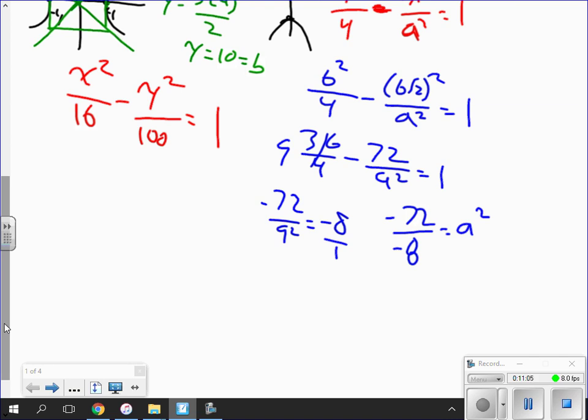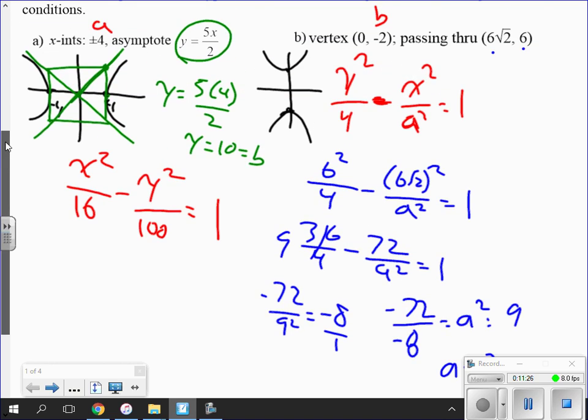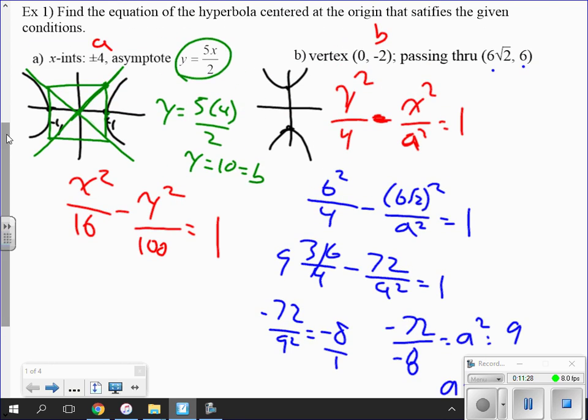It makes life so much easier. I'm not multiplying both sides by a squared, I'm not dividing both sides by 8, I'm just swapping the two numbers. So 72 divided by 8, you get 9. So a equals 3. Although technically I only needed a squared, right?